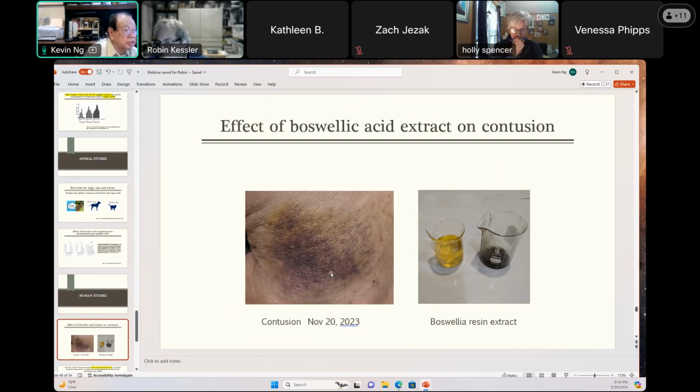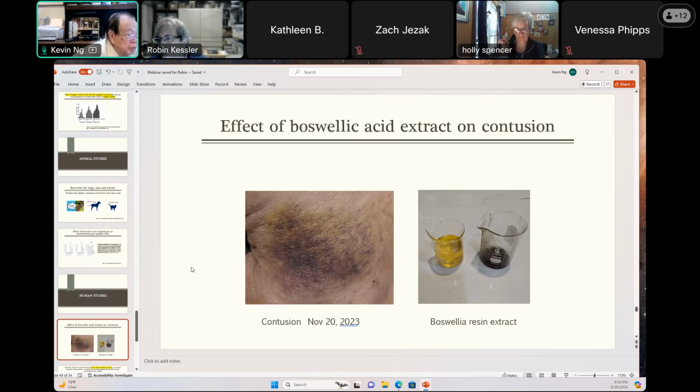Now, this is the slideshow that I took from my wife when she slipped on the floor and hit her flank against the side of the table. She was in severe pain that day, and I just happened to have made some extract from the frankincense biomass, and I put a little bit on it.